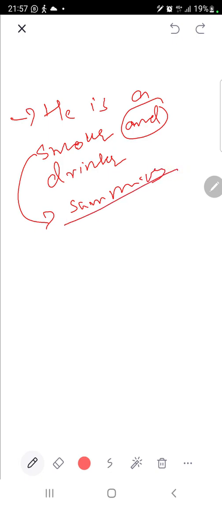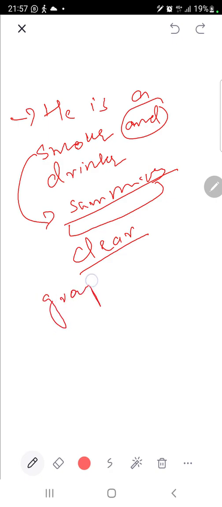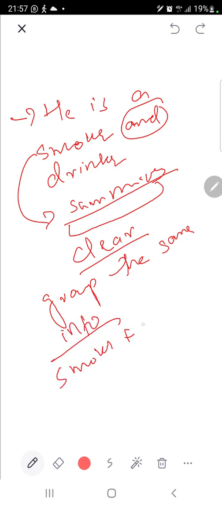Okay, we can write it down. Complex sentences are also preferred when we have to summarize something, right? Anyhow, these are the varieties of sentences that can be used. But remember, while compounding the sentence, make sure to have clarity. Group the same information together, such as smoker and drinker.